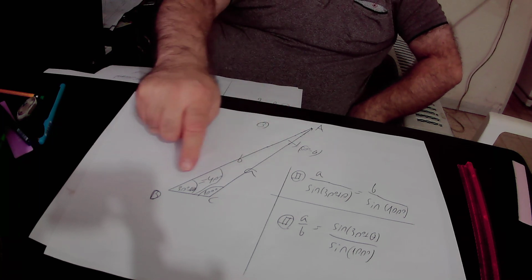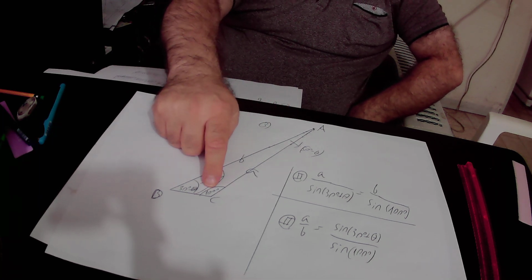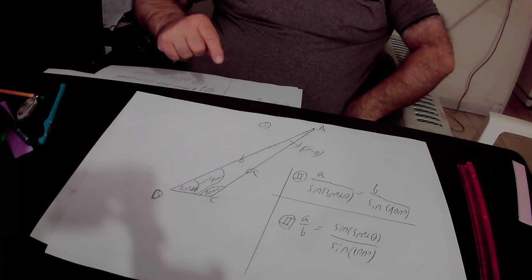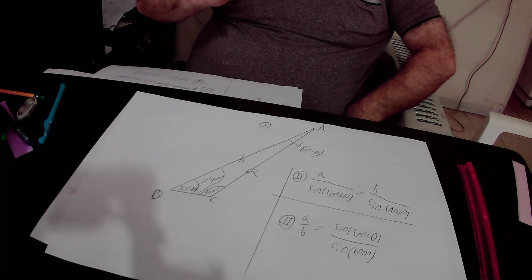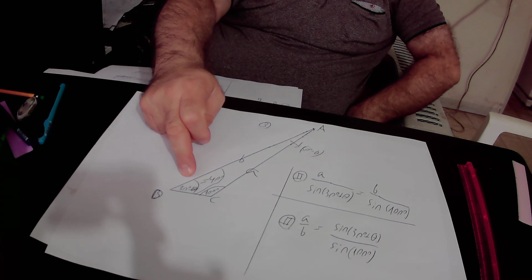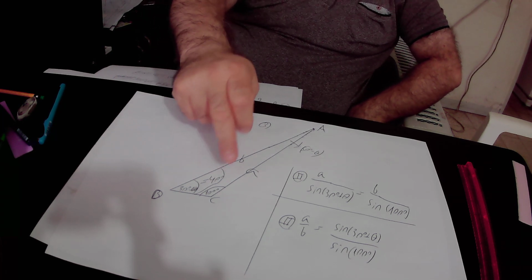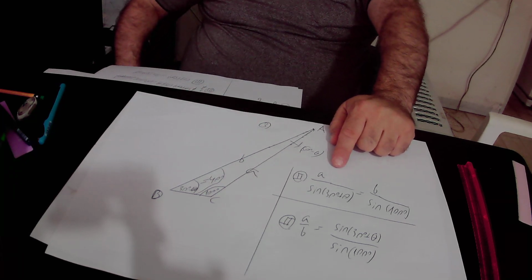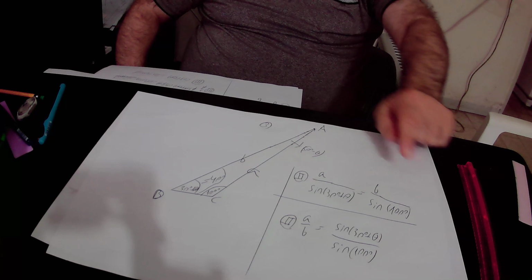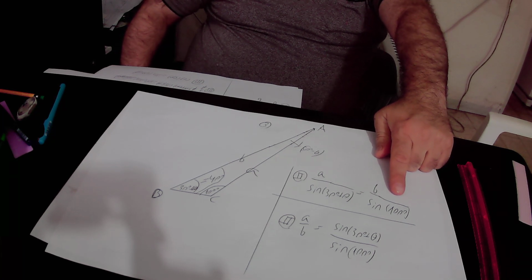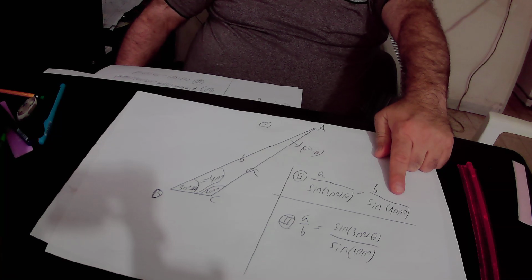And angle ACD is given, it is equal to 100 degrees. And according to the law of sines, A over sine 30 degrees plus theta will be equal to B over sine 100 degrees. This is equation number 2.